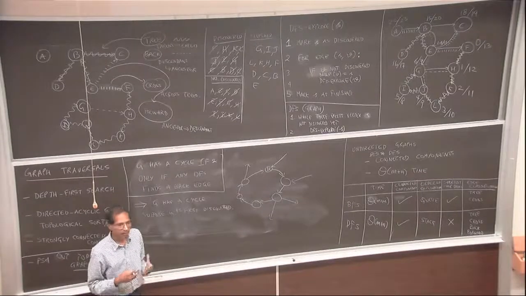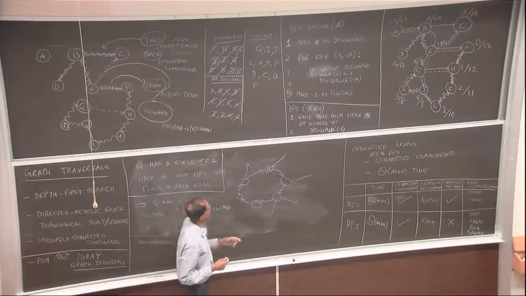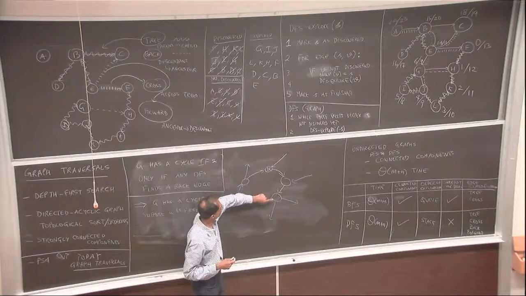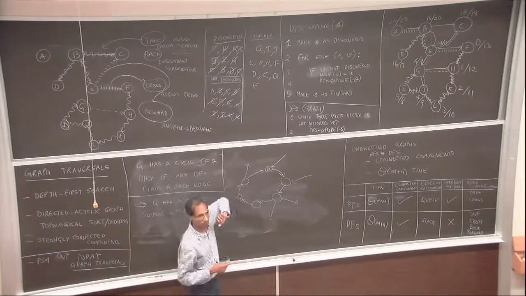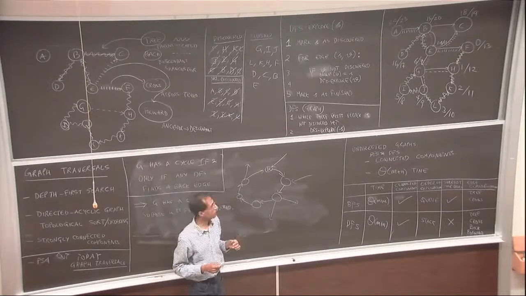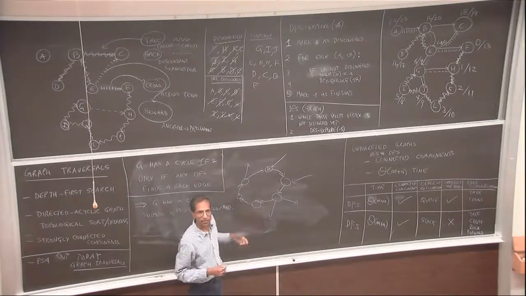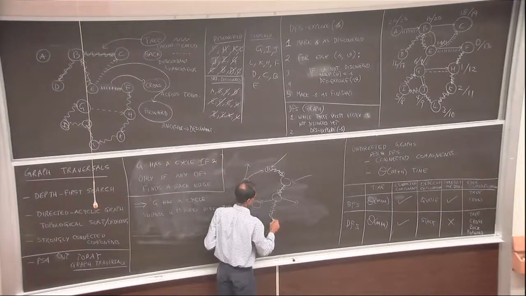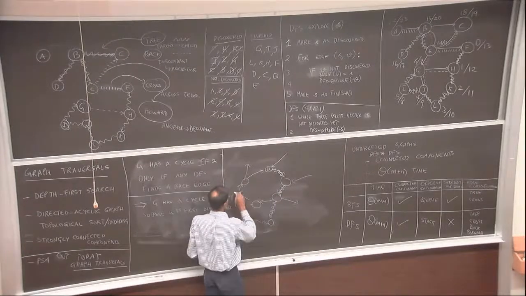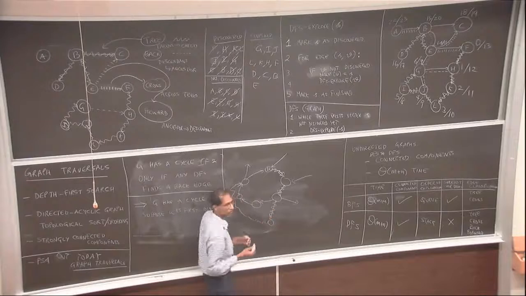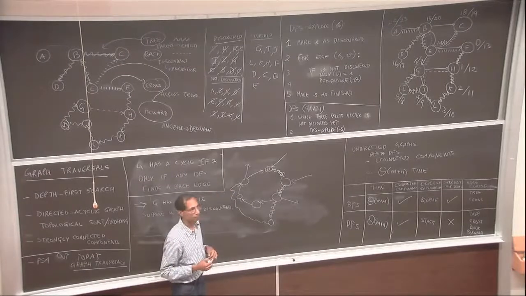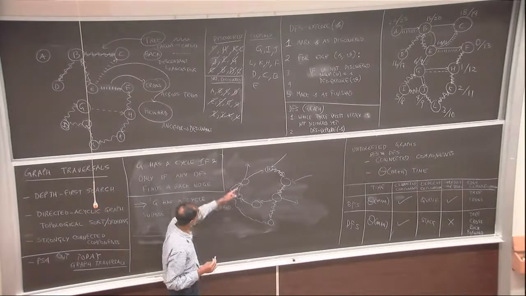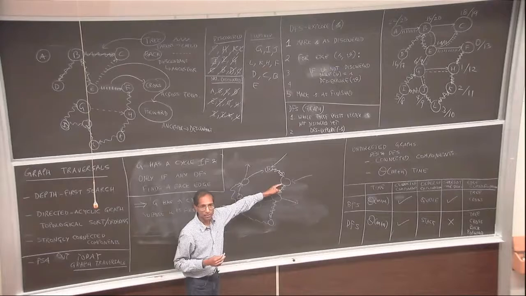By the nature of DFS, before U finishes, every single vertex of the cycle would be discovered. You agree? Before U finishes. And it need not be in this order. You realize that, right? It might go like this, there will be lots of ways it could go, but it will be clear that all of these would be its descendants.